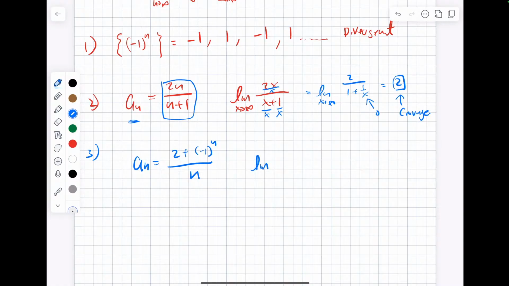So what if you have the limit as x approaches infinity of 2 plus negative 1 to the x over x? We can still divide by x because that doesn't change the property. It's 2 over x plus negative 1 to the x over x, over 1. So what happens when approaching infinity? The first goes to 0. What about this one? It's oscillating between 1 and negative 1.